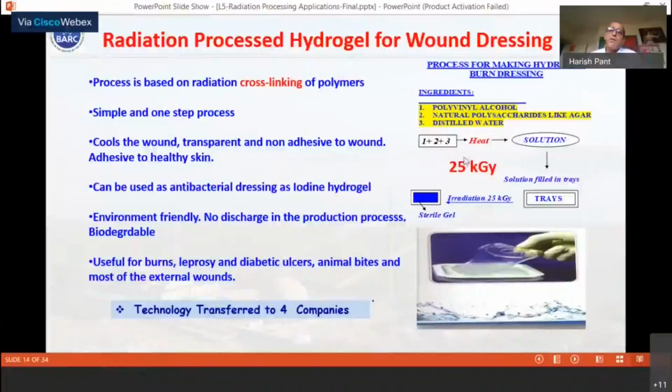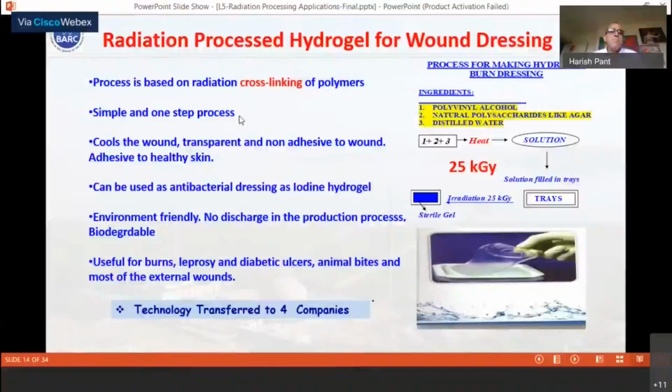A dose of 25 kilogray is required for this process, and this process is again based on the cross-linking of the polymers.